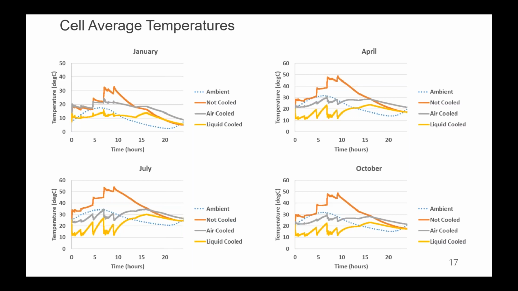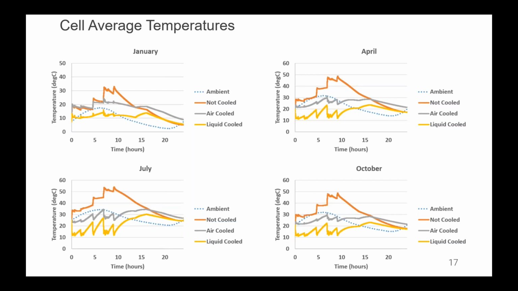For the air-cooled case, it actually depends on flow rates and things like that, but in this case, I think the cells are still heating up in most cases while the vehicle's running. Depending on the time of year and whether or not the ambient temperature is higher or lower than the coolant temperature, those cells can either be heating up or cooling down while the vehicle's running.